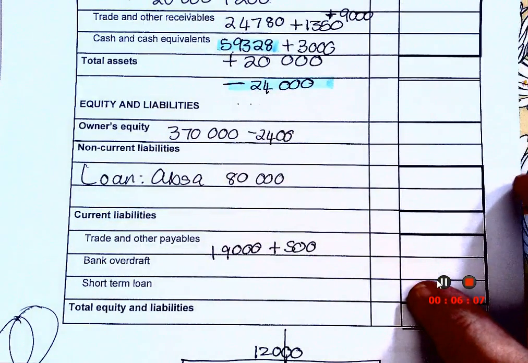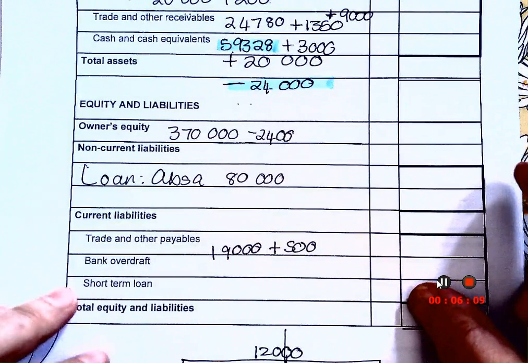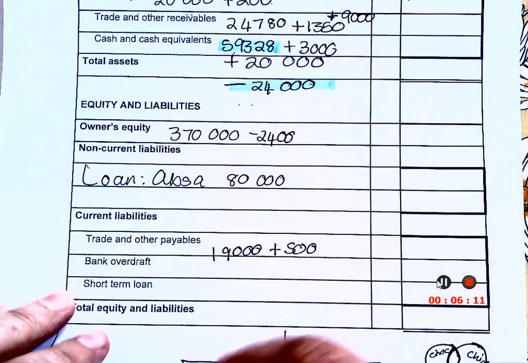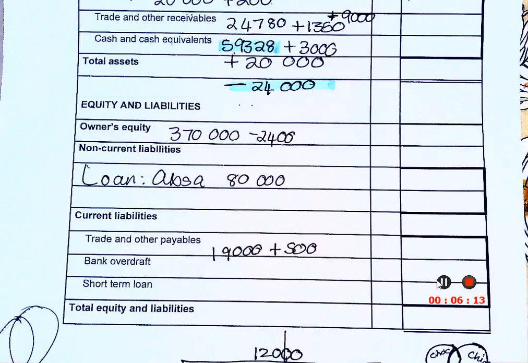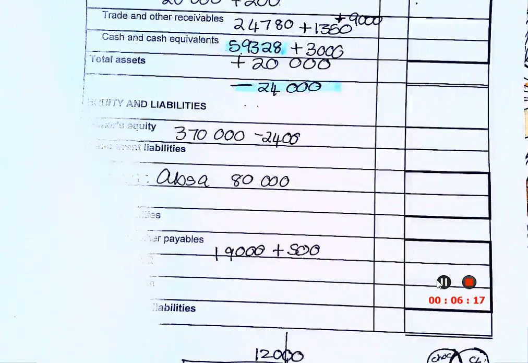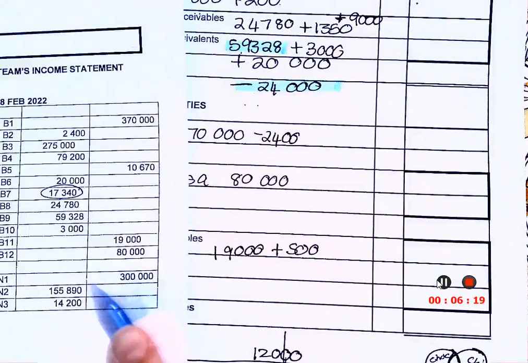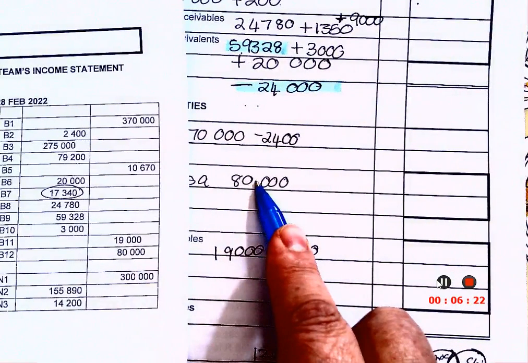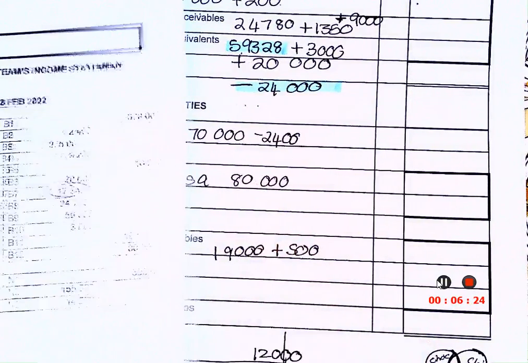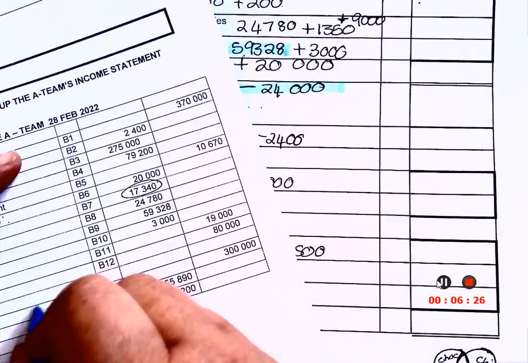I want you, is this the one we're doing now? Yeah. Can you see there's the 80,000? Né? Do you remember that 80,000?